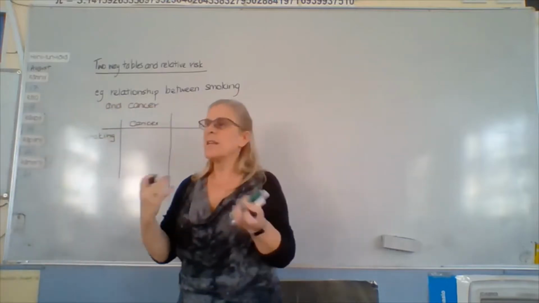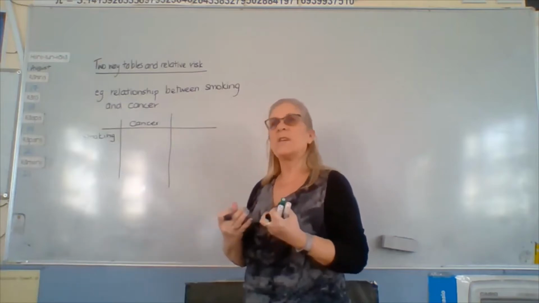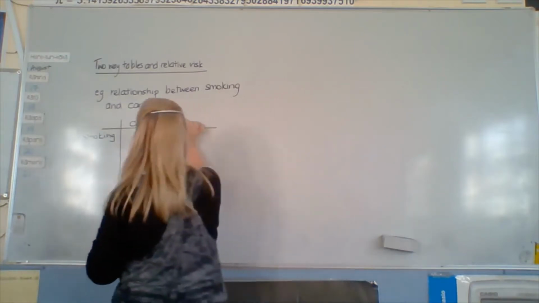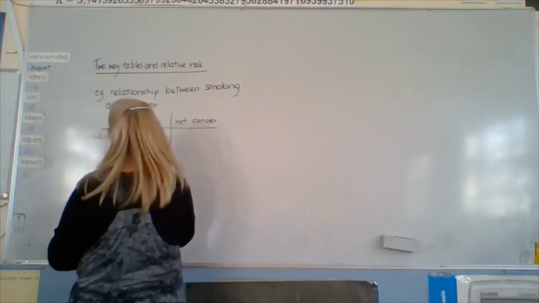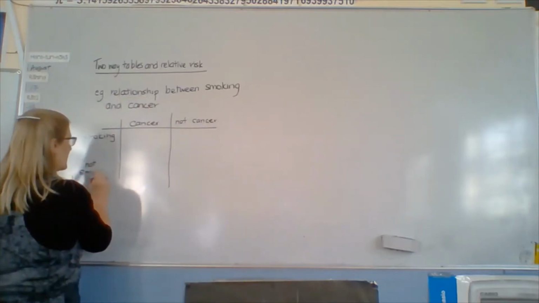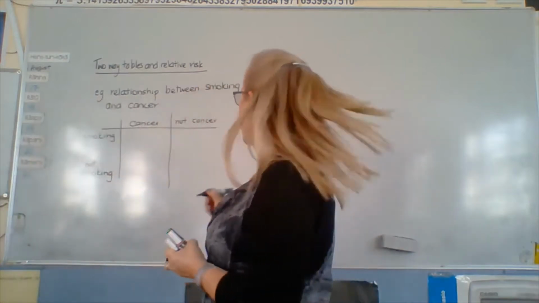Okay, so we're looking at the relationship between cancer and smoking. The opposite of that relationship will therefore be not having cancer and not smoking. So there were 75 people in this study.